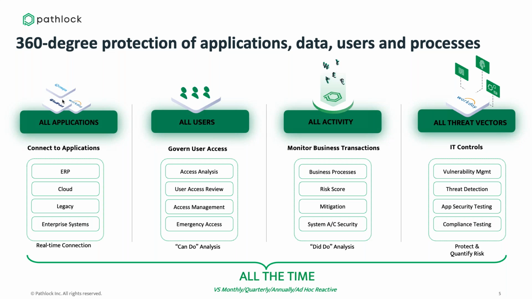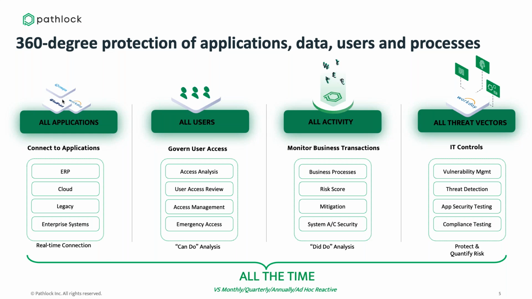It also helps you end up with a risk score, because really security and applications, it's all about managing your risks and understanding what's happening inside of those environments. And then we've also got the ability to protect and quantify the risk there on the very end through IT controls, and that's vulnerability management, threat detection, app security testing, those types of things. So this is all of the time.